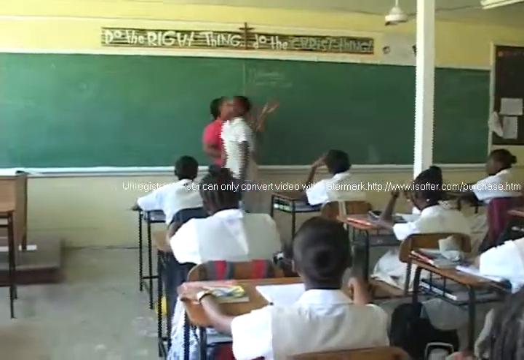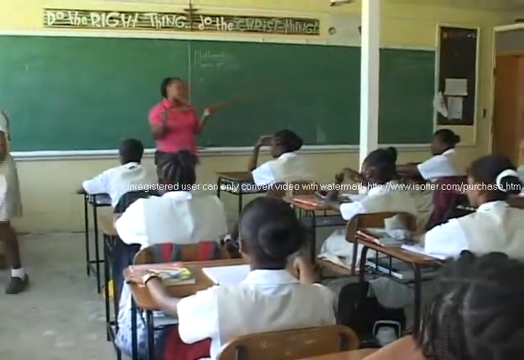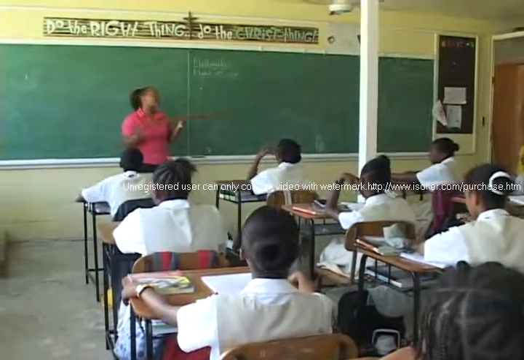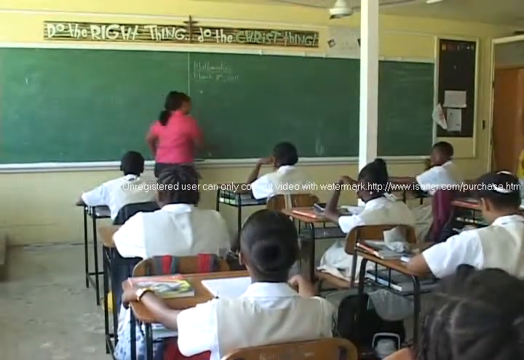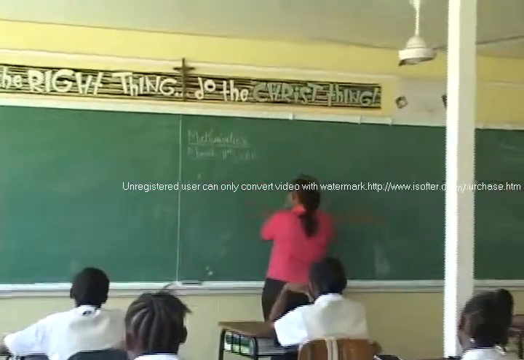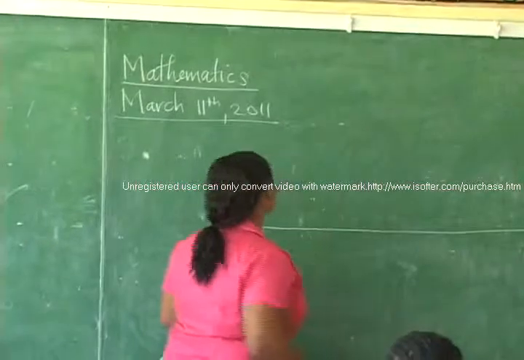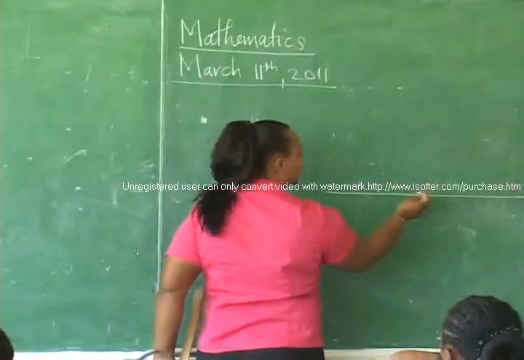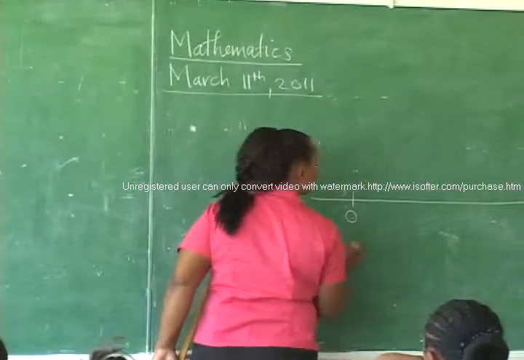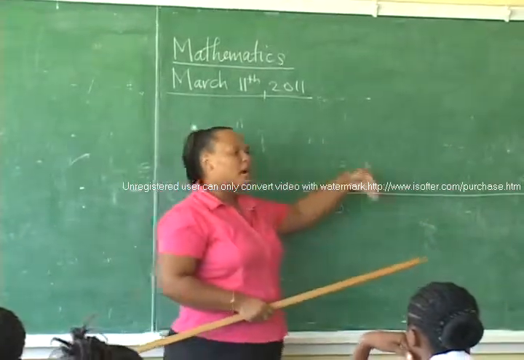Alright. Now we're going to look at whole numbers, first of all. And we said that whole numbers start from 0. Now what I'm drawing we call a number line, yes? And we're going to start our number line at 0. Now what do we know about a number line in terms of how the numbers are placed?